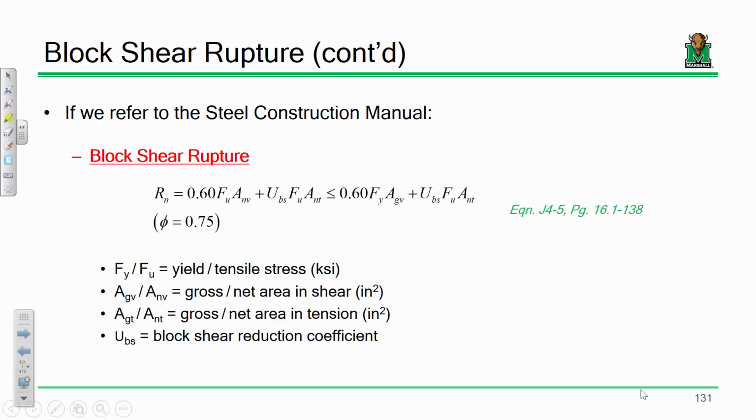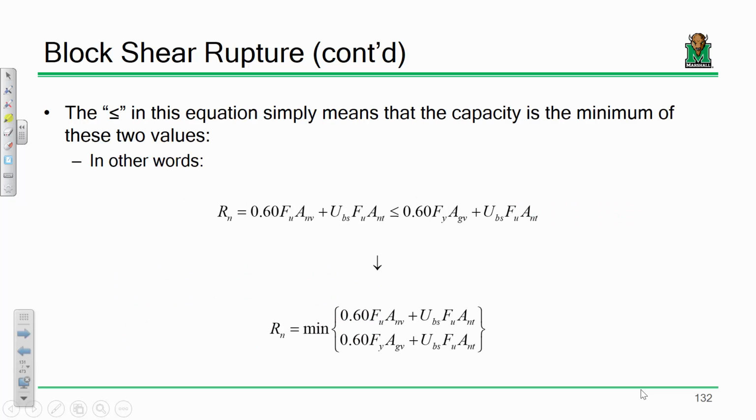So it looks complicated, but it's just a bunch of areas. It really is. The one thing that's really new, I would say, is the block shear reduction coefficient, and that's going to be 1 for all the cases that we look at. So once you start going through the example, it's really easy.